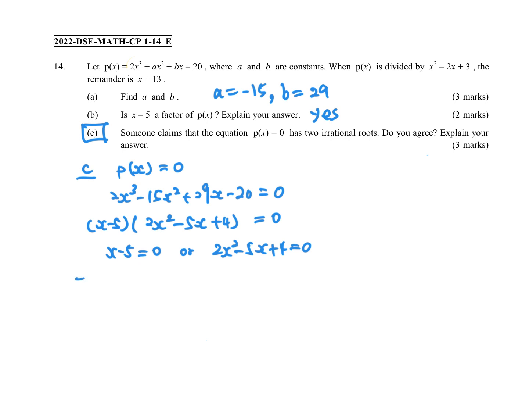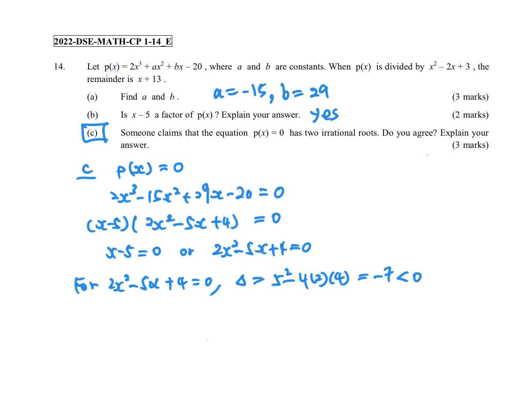For the quadratic equation, we want to conclude whether the cubic equation as a whole has two irrational roots. So we look at the discriminant of the quadratic equation, which is b squared minus 4ac, that is 5 squared minus 4 times 2 times 4, which is negative 7, less than 0.